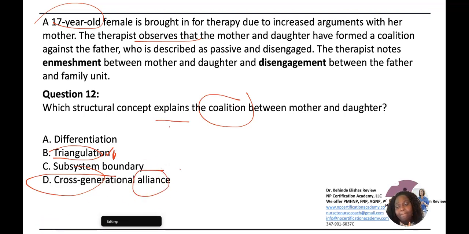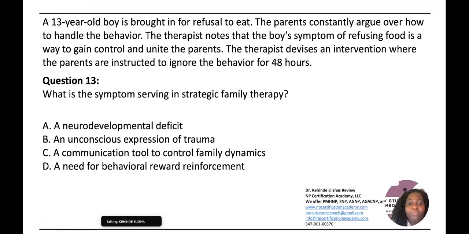All right. Boy is brought in for refusal to eat. The parents constantly argue over how to handle the behavior. The therapist notes that the boy's symptom, refusing food, is a way to gain control and unite the parents. The therapist devises an intervention where parents are instructed to ignore the behavior for 8 hours.